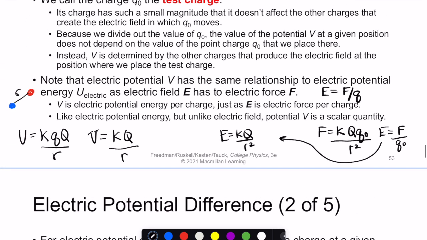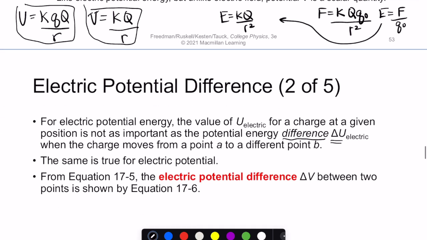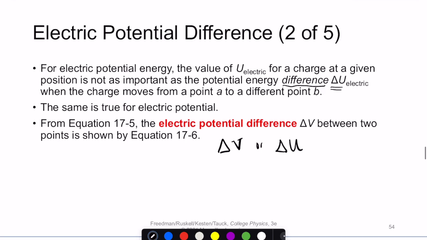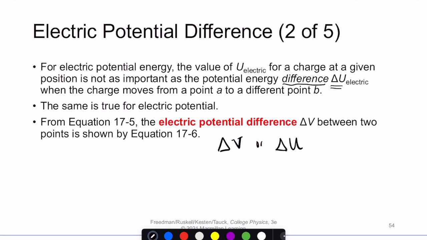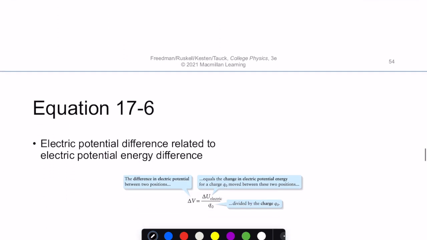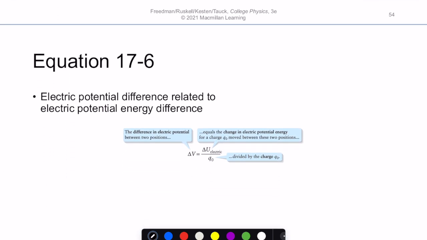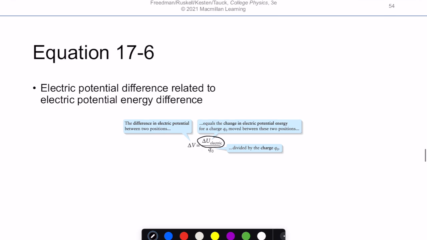There are situations where we will be calculating V or calculating U, but in most of the questions, we're going to be concerned with the change in V or the change in U, which is the difference in potential or potential energy between two different points in space. And so we can define potential difference as the change in potential energy divided by Q naught.